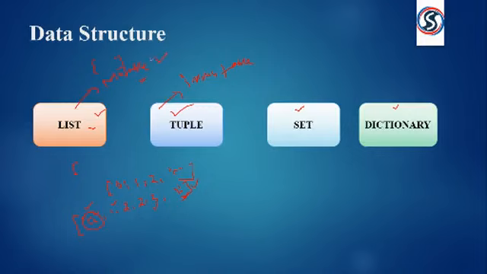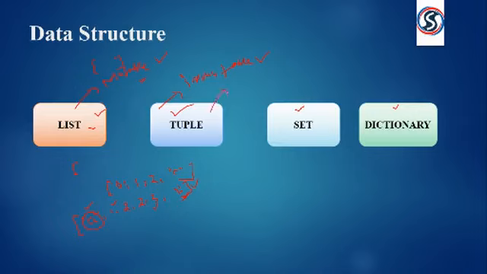Elements can be changed in a list data type. But what is the meaning of immutable? It means we cannot change the elements of a tuple. So you will not be able to change the elements. And one more thing.